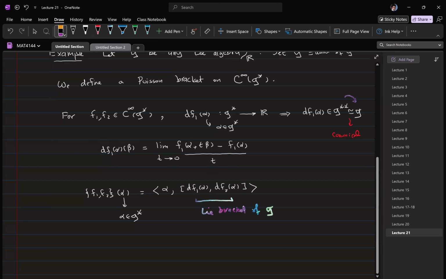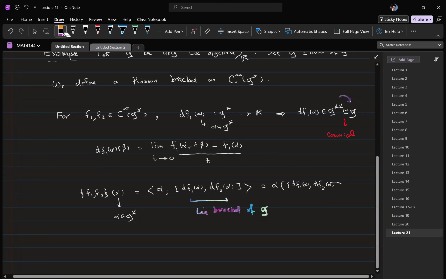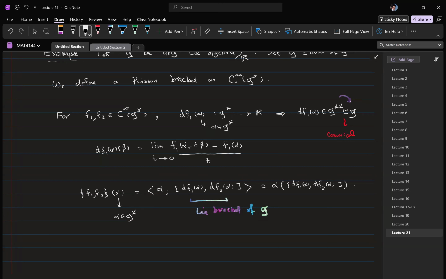And when I do this Lie bracket, I get an element of the Lie algebra G, and alpha is in G star, so I can evaluate it, right? So maybe if you want a more traditional way of writing this, it would be alpha of this bracket. Okay? Is it clear? Right?